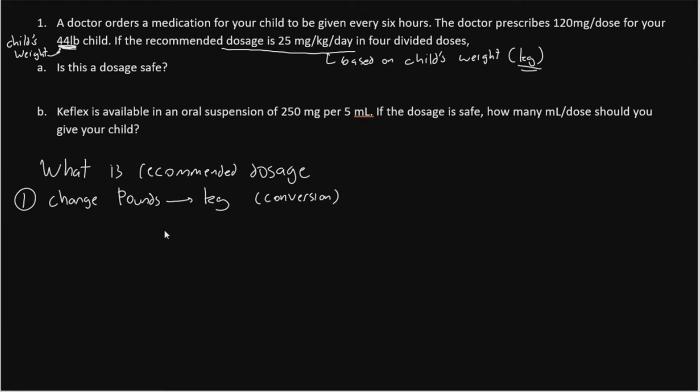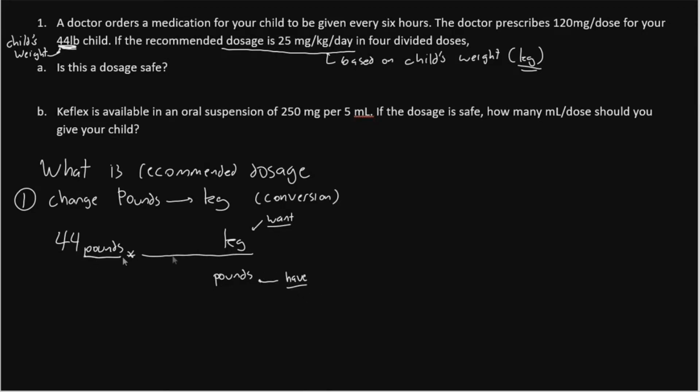So this is a conversion we're going to have to do before we can actually find the dosage. So we begin with the 44 pounds that they told us right here. Now, to get to kilograms, we have to multiply that by a fraction. We're going to place pounds on the bottom and kilograms on top, because we always put what we want to get in the end on the top and put what we already have on the bottom.